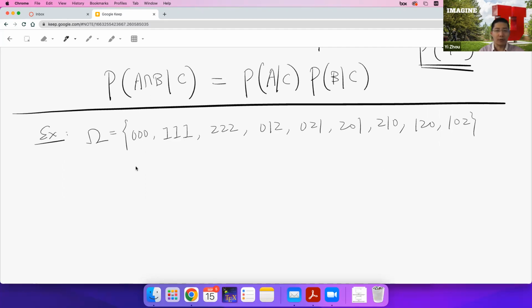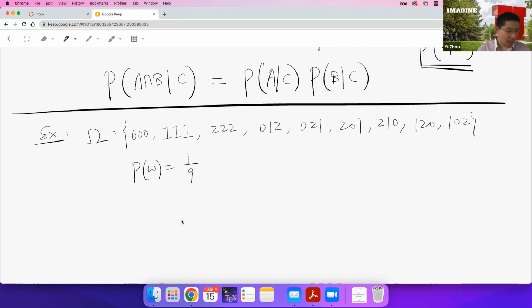And everything happens with equal probability. So P(omega), where omega can be any of them, every outcome happens with probability 1/9. Here we have 9 terms.